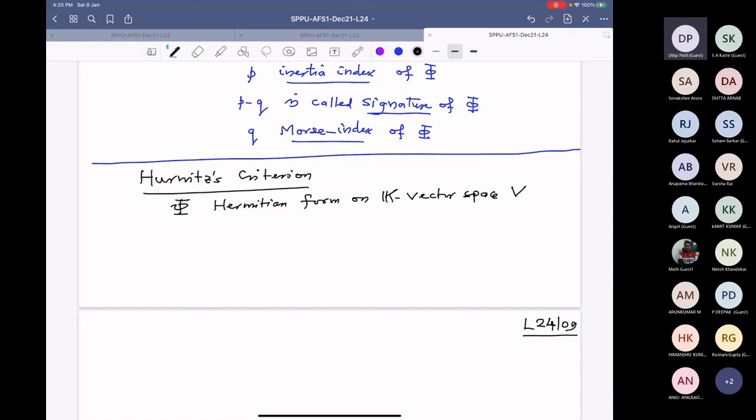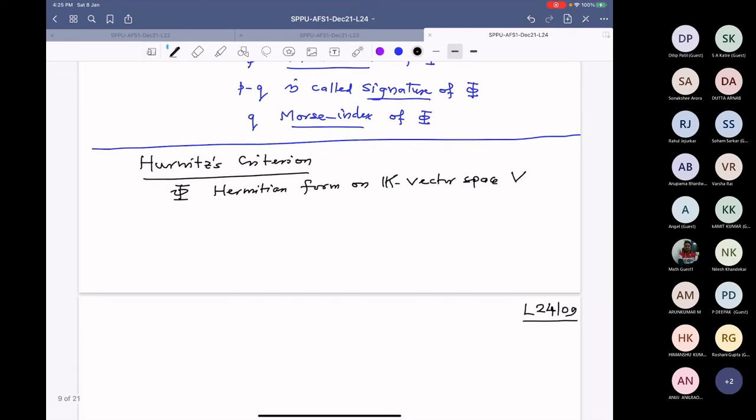The case of symmetric bilinear form over C is included, and the case of pure Hermitian, that is complex Hermitian, is also included. And suppose X is a K basis of V.